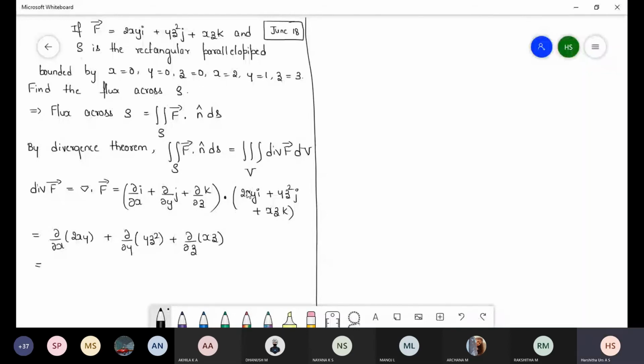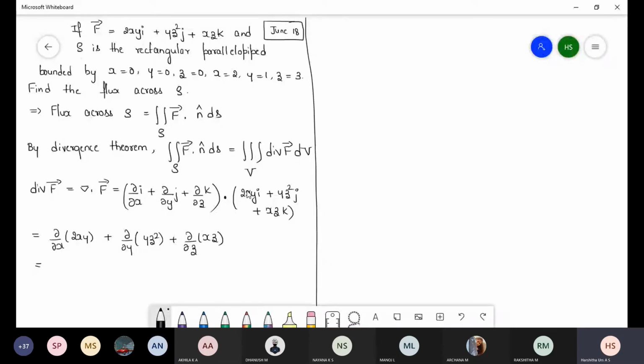Yes, do the partial differentiation. What is the first partial differentiation for the first term? 2y. Yes, good.